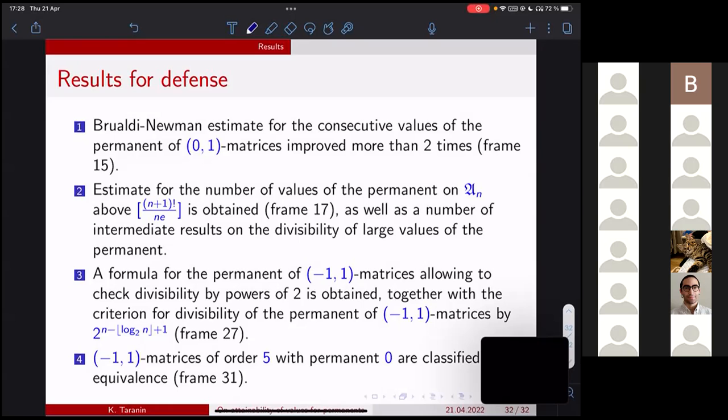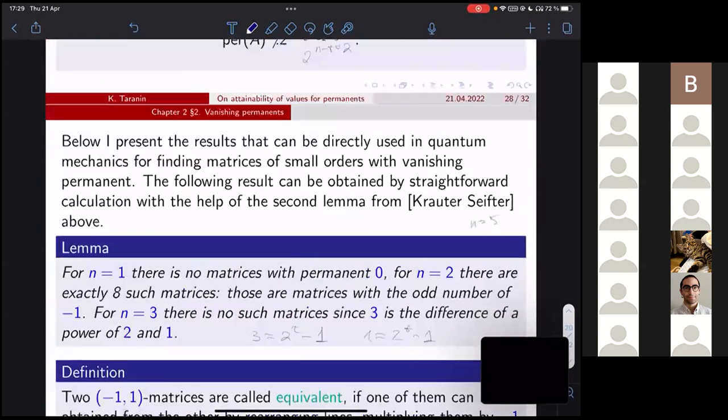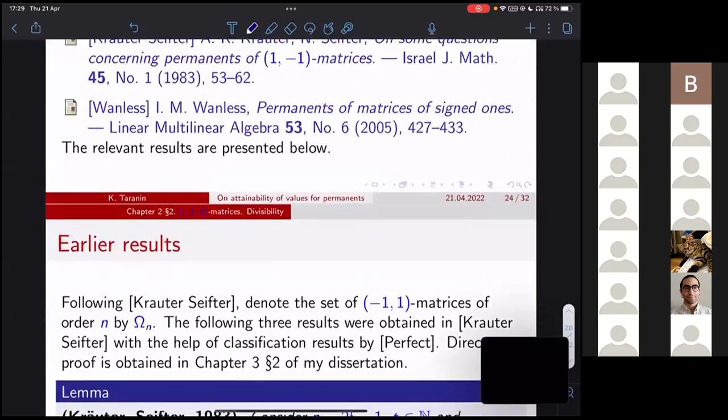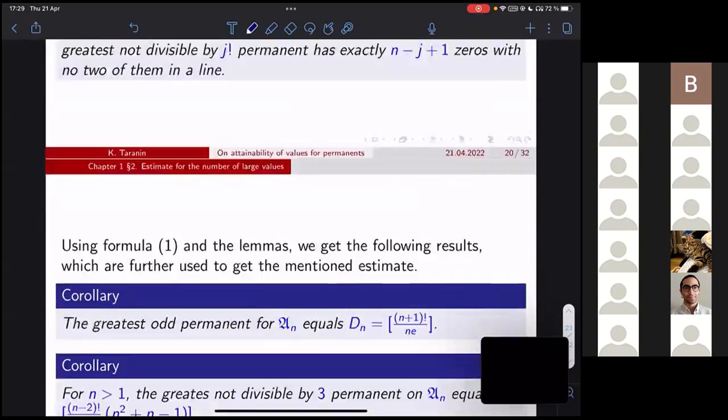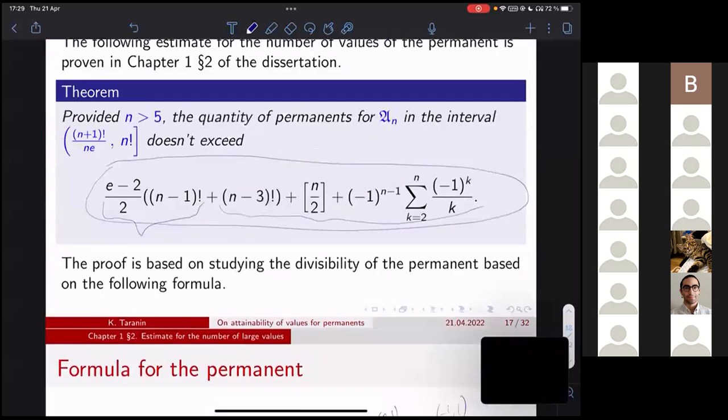However, my most recent work, already after the dissertation, is about large values again, like the lower estimate for the same number.